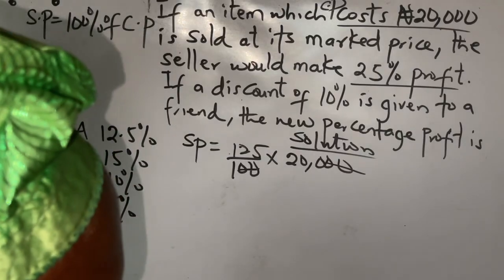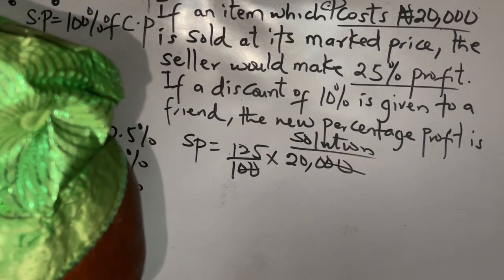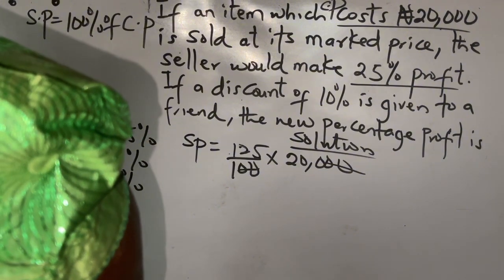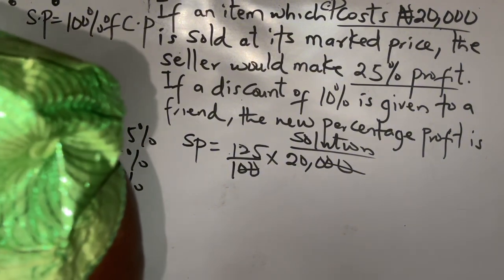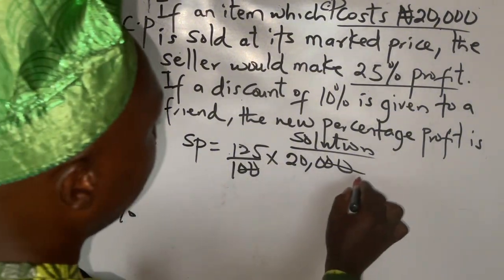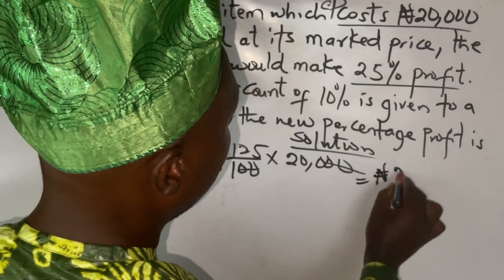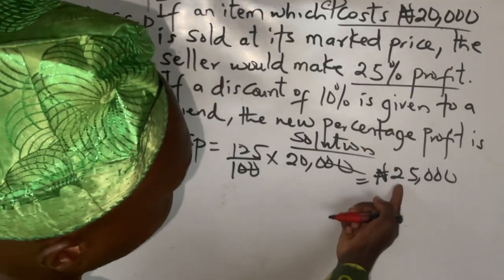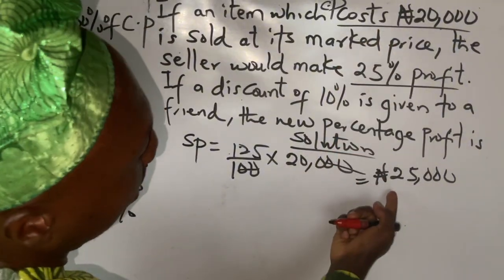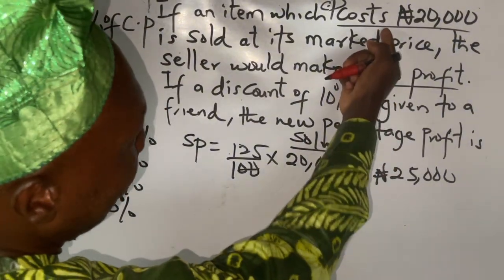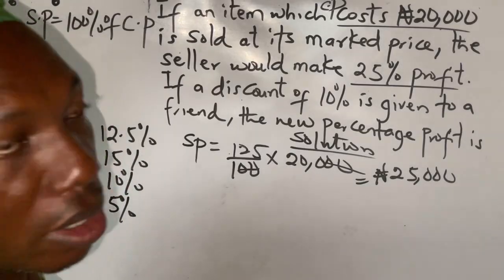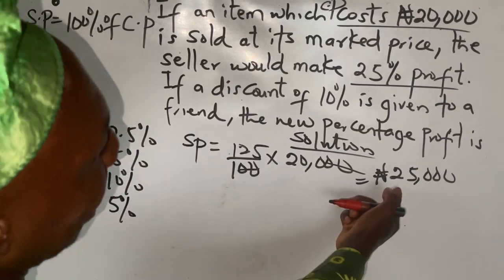So we are left with 25,000 naira. The selling price is greater than the cost price, which means our calculation is on board. It's a very good answer.